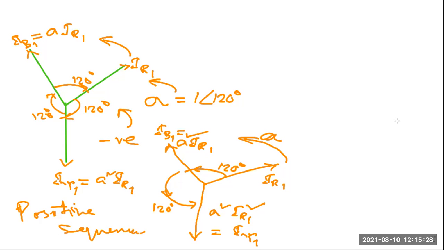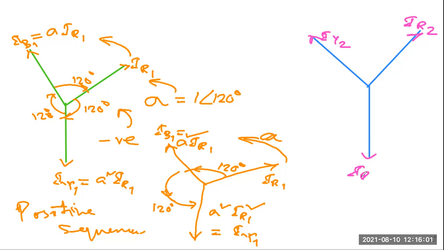Okay, so this negative sequence, in a similar way, okay, so this is your negative sequence. So this is your IR2. Negative sequence, obviously, this will be IY2 and this will be your IB2.